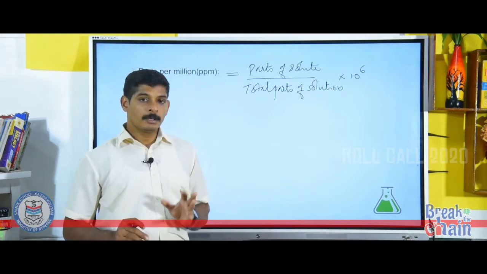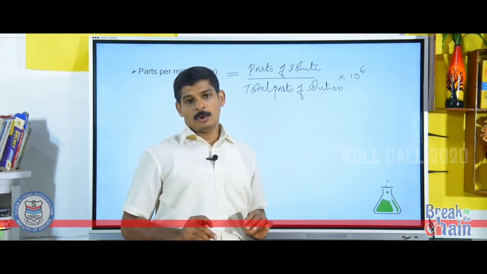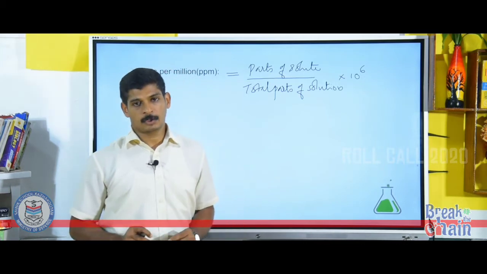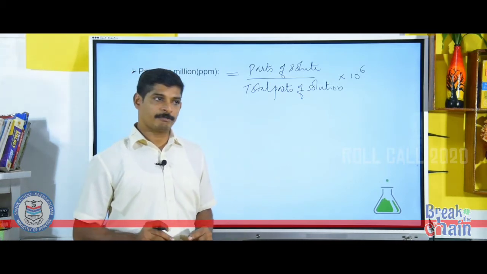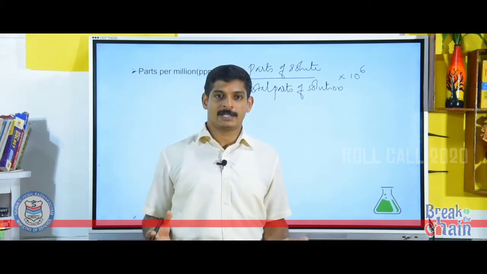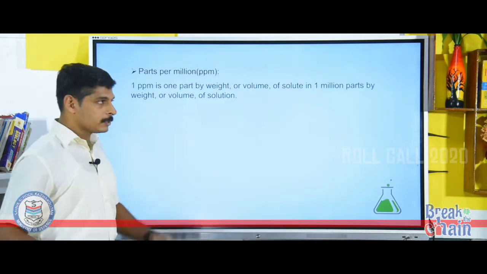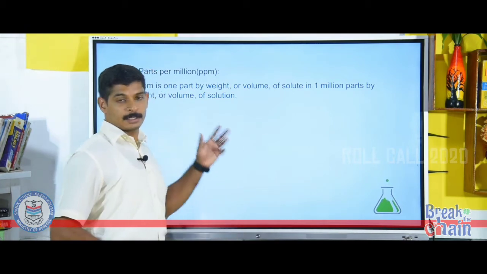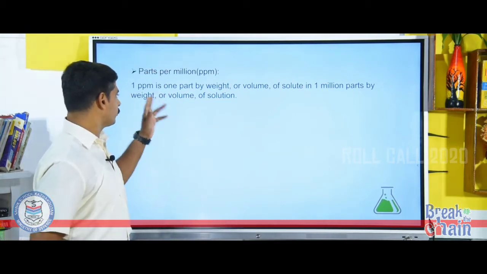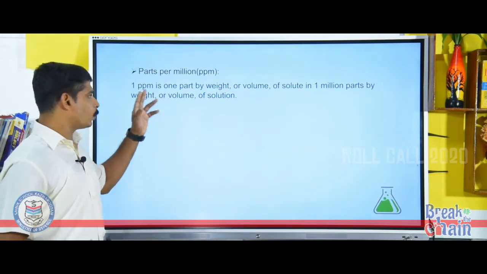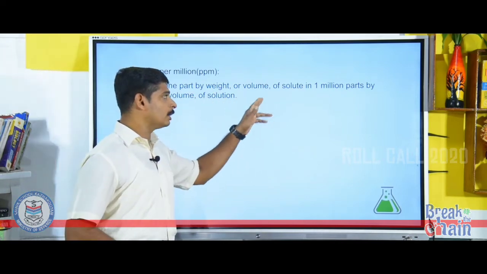You can also use this unit for expressing the concentration of the different poisonous gases which contaminate the air that we breathe. 1 part per million is 1 part by weight or volume of solute.